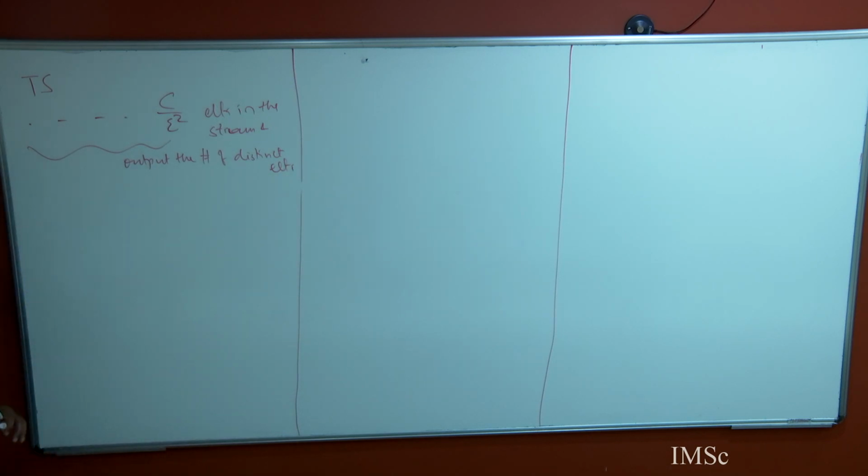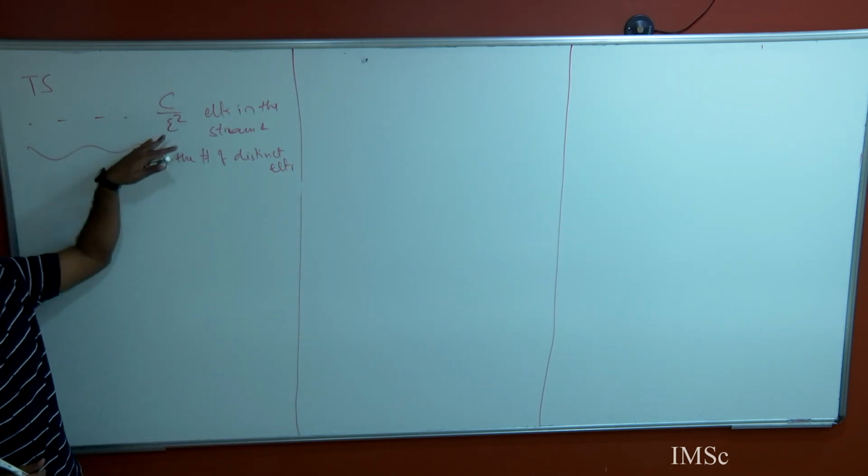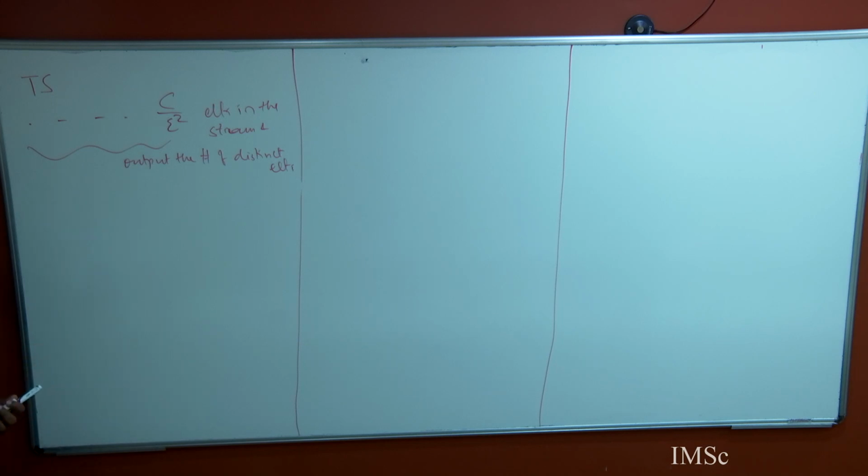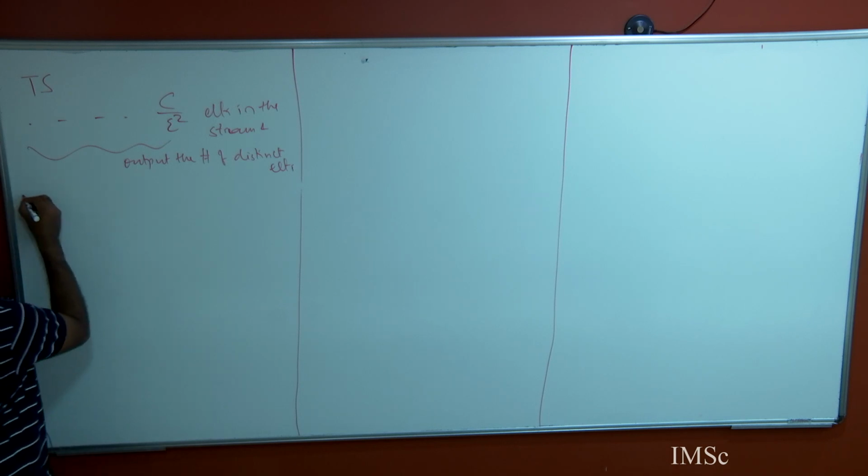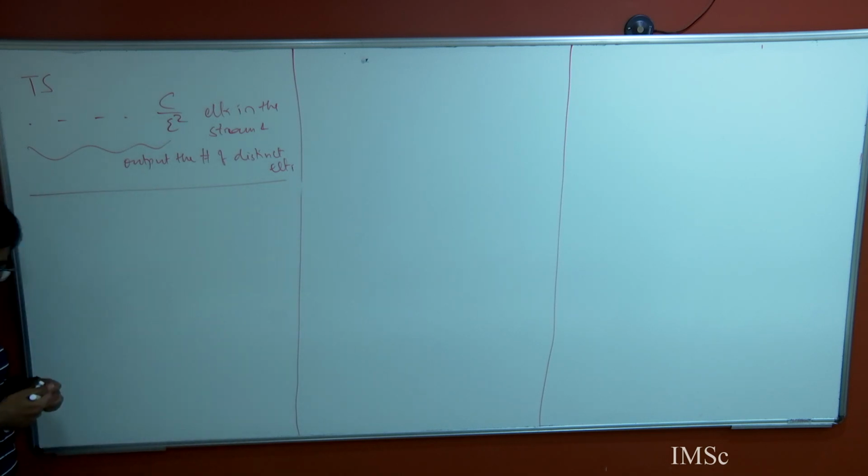As I told you, if there are more than C by epsilon square distinct elements, then clearly this is going to be a very big underestimate. And then using this, we made the following algorithm.